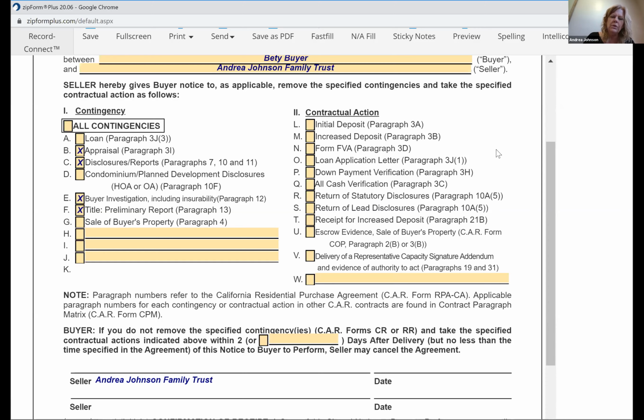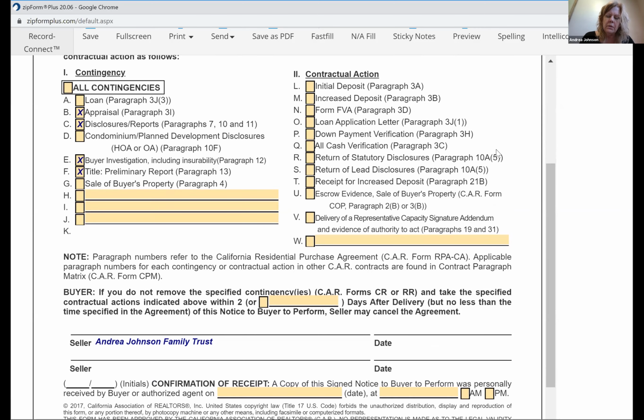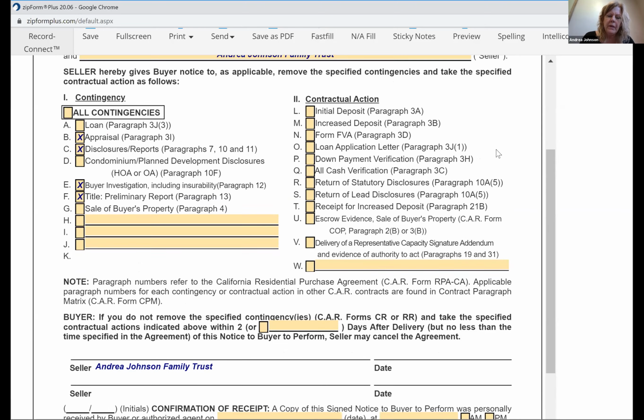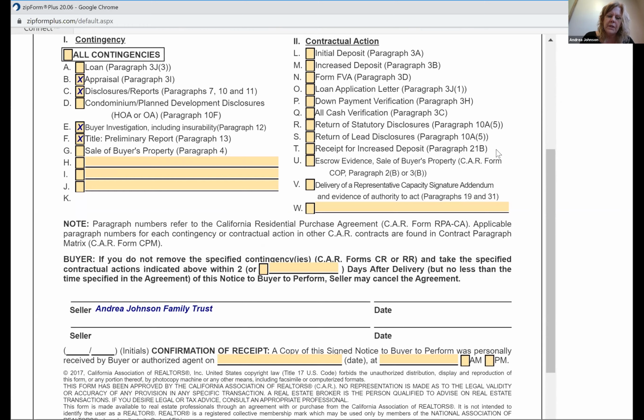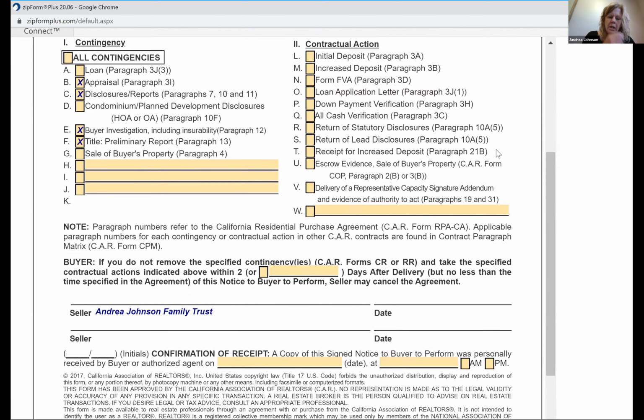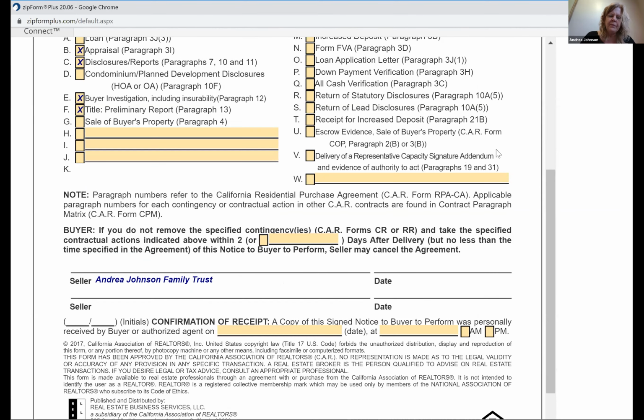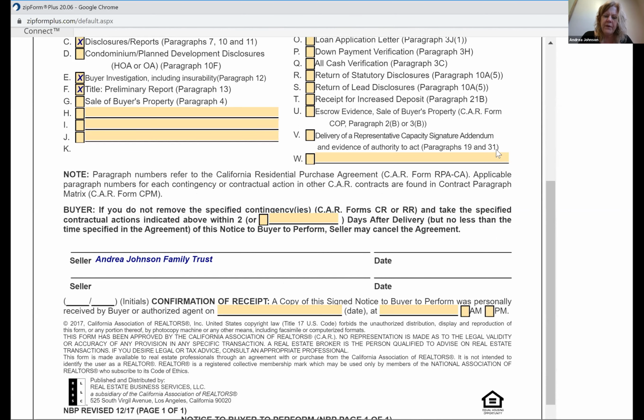You can use this form to compel them to take the contractual action, or put the ball in the seller's court for cancellation. So basically this says, if you do not remove the specified contingencies or take the specified contractual actions indicated above within 2 days, or you can't change whatever was in the contract here.